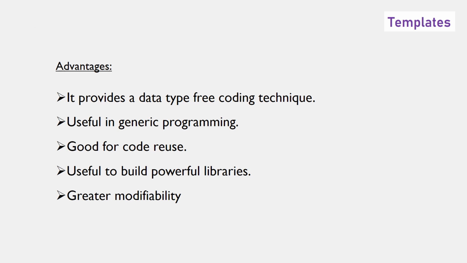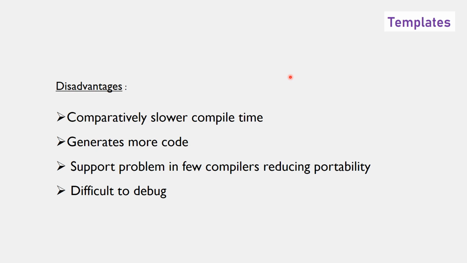Besides these advantages, there are some disadvantages also. For example, comparatively slower compile time, generates more code, support problem in few compilers, which reduces the portability, and it is difficult to debug.